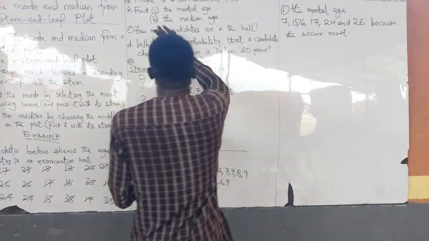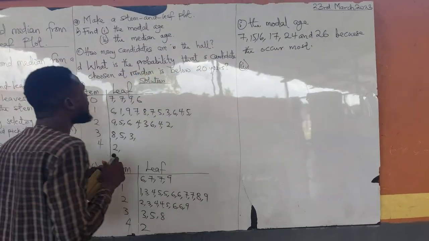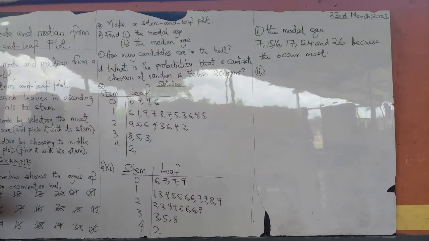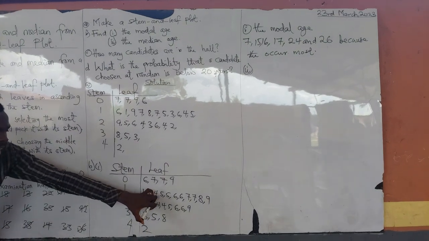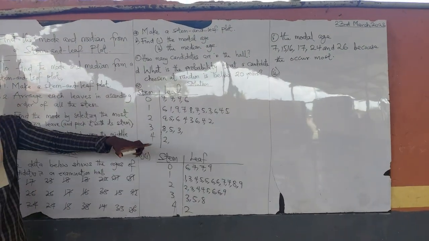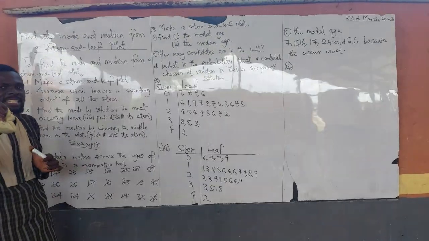Now let's look at the last but one, which is II. You should find the median. Median is the middle value. So we are using the leaves that we have arranged in ascending order to know the median. That is the middle number.